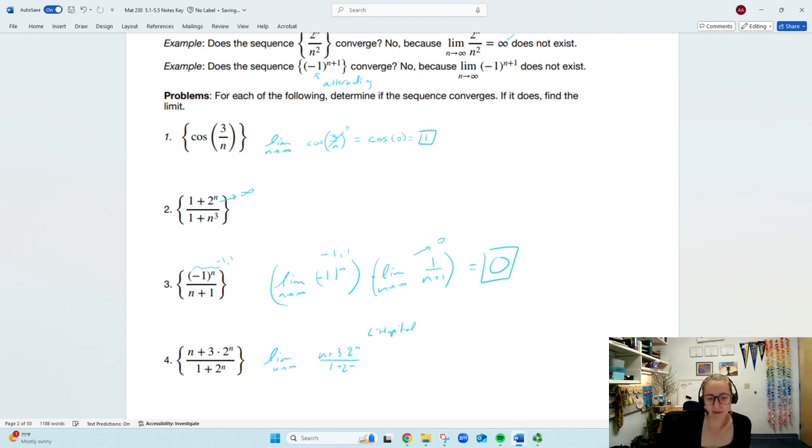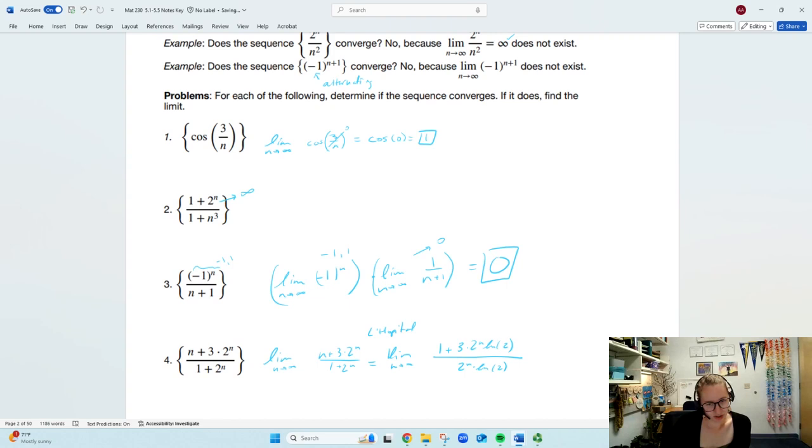And I can take my derivative of the top over my derivative of the bottom. Derivative of the top would just be 1 plus, and then I think that's going to be 3 times 2 to the n ln of 2, and derivative of the bottom, my 1 just goes away, and so I would have 2 to the n times ln of 2.